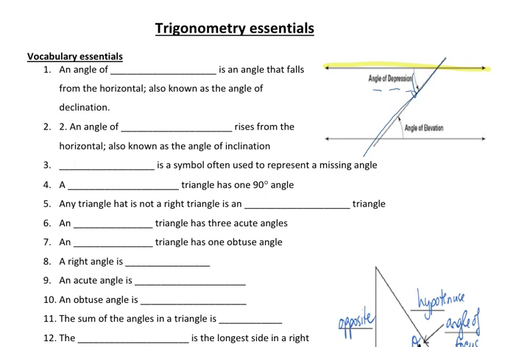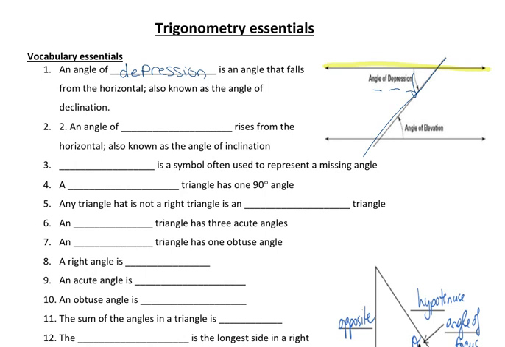So this is going to be the angle of depression. Remember that an angle of depression is the angle that is measured from the horizontal down. Let's say I'm standing right here and I'm looking at that bag that's on the ground.